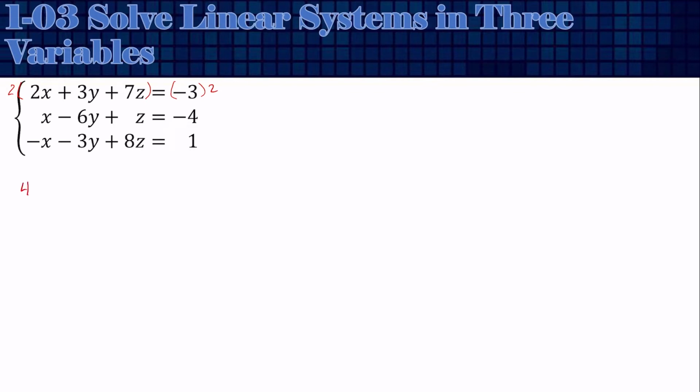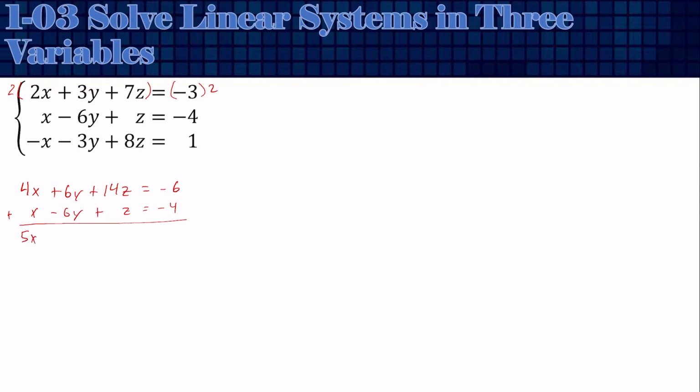So multiplying the first one by 2, I'll have 4x, 6y, 14z, equals negative 6. The second equation I don't need to multiply by anything. When I add those together, the y's will disappear.